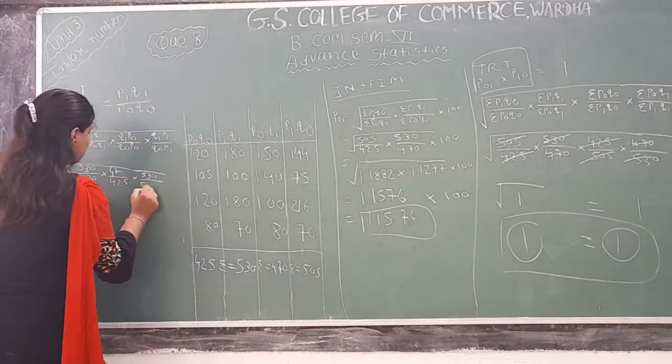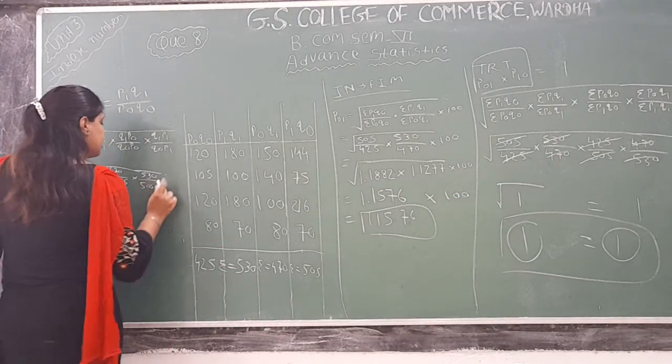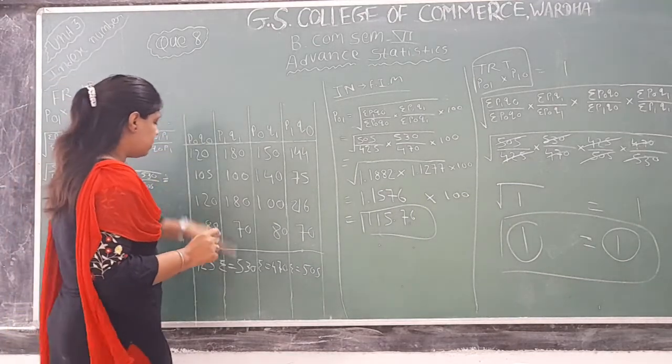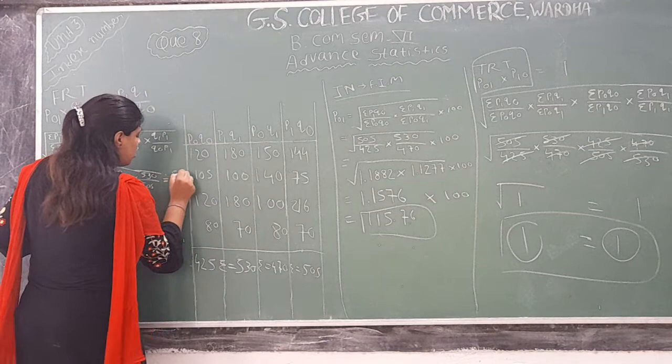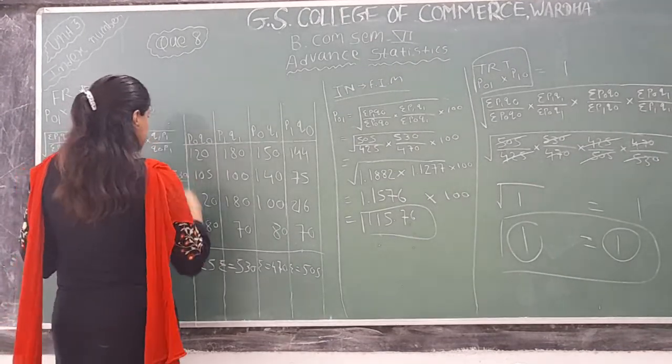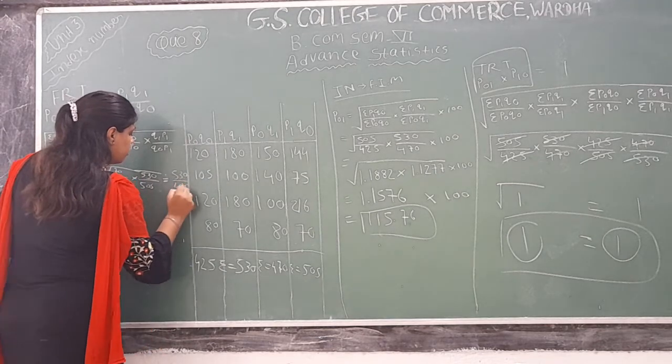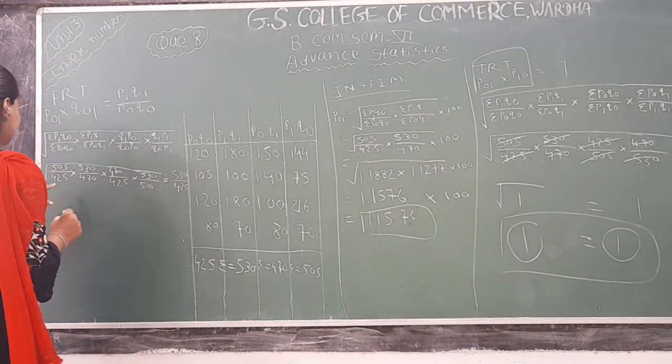It should be equal to P1 Q1, that is 530, upon P0 Q0, 425.